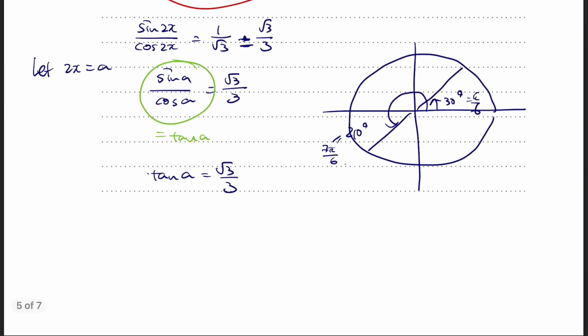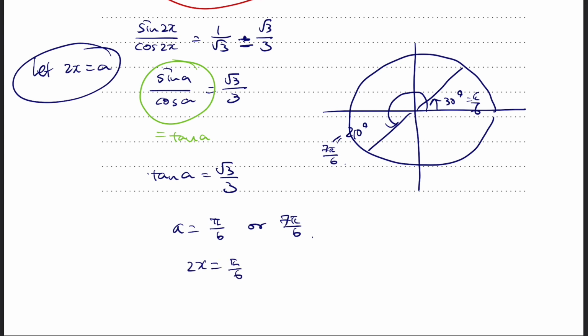So we can say that a is either pi over 6 or 7 pi over 6. Since a is equal to 2x, 2x is equal to pi over 6 or 2x is equal to 7 pi over 6, then we can calculate the x value as pi over 12 or x equals 7 pi over 12.